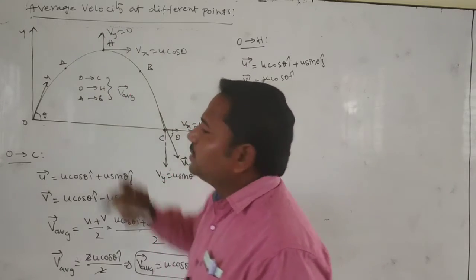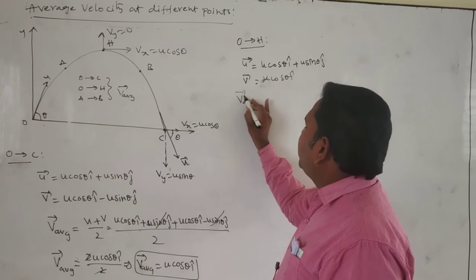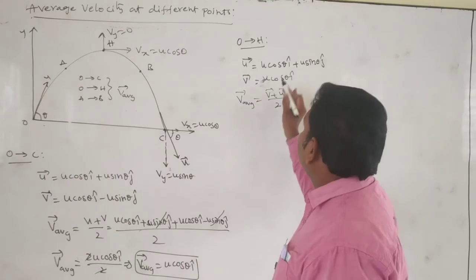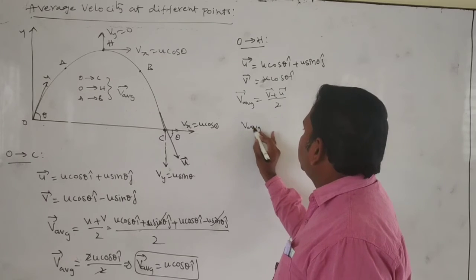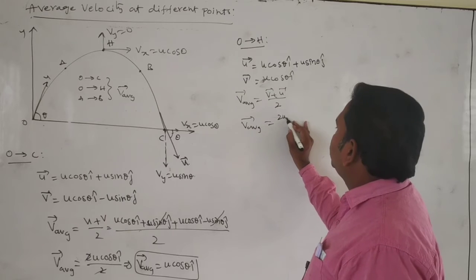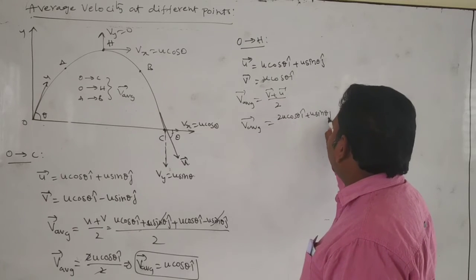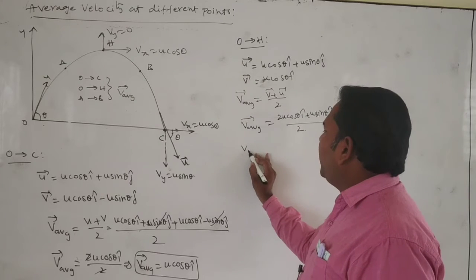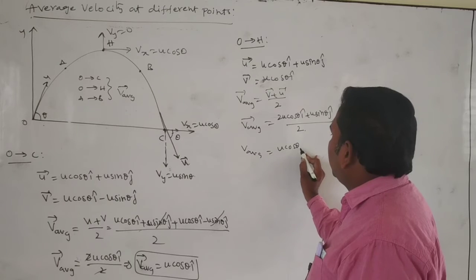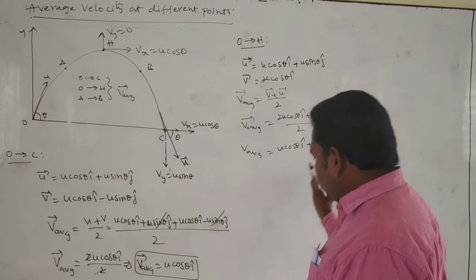It becomes 0. So the average velocity equals (v plus u) by 2. So v bar equals 2u cos theta i cap plus u sin theta j cap by 2.